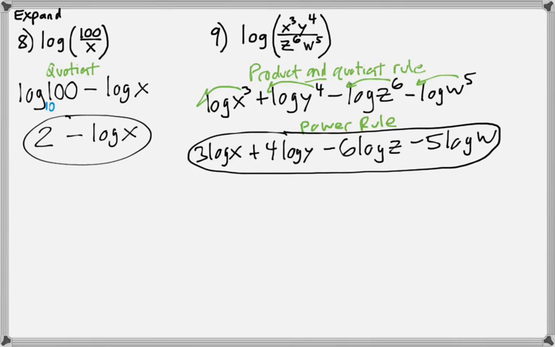Now, there is a slightly different way to do this, so I do want to talk about that. And that is, if you break it up like log of x cubed plus log of y to the 4th, and then if you look at the z to the 6th and the w to the 5th, these two are technically being multiplied by each other.